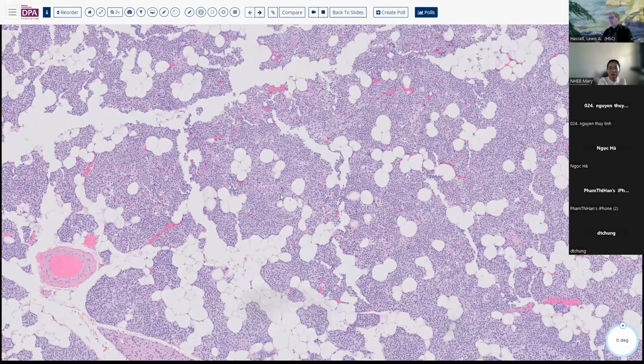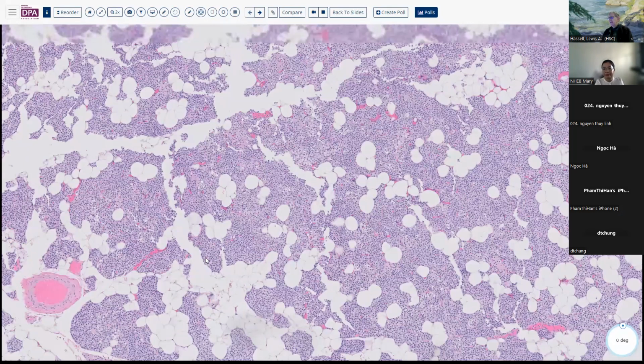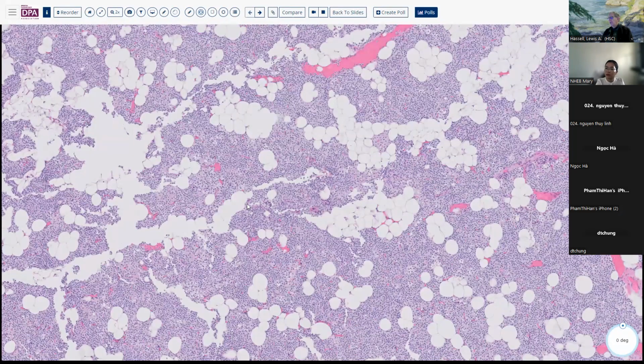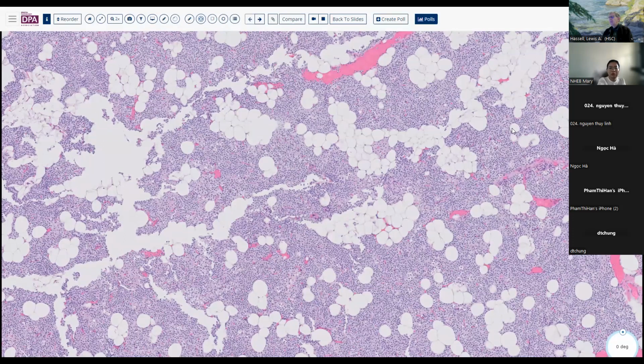In terms of the parathyroid, a nice view of the normal appearance of a parathyroid.